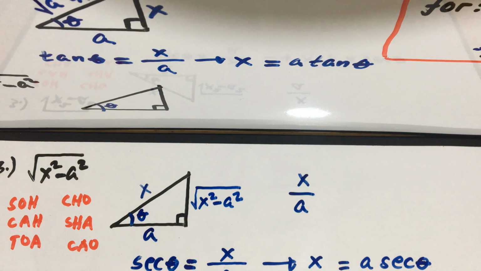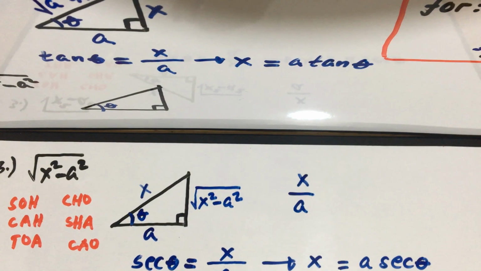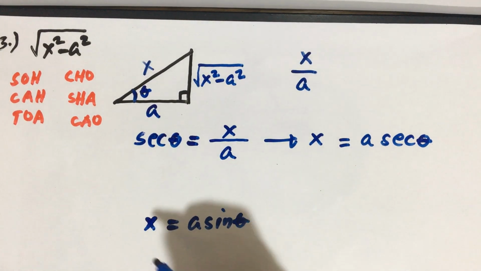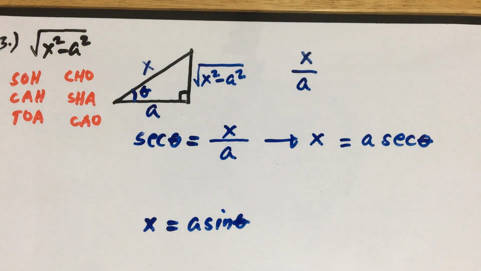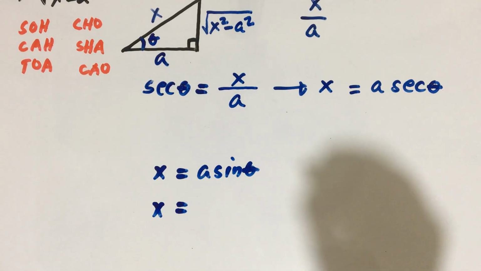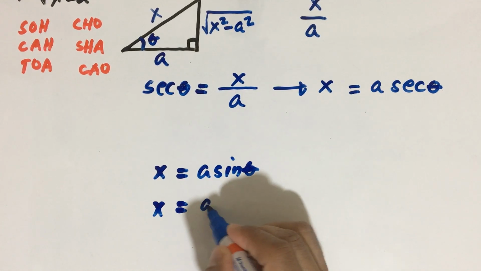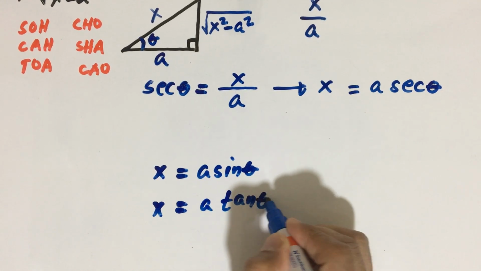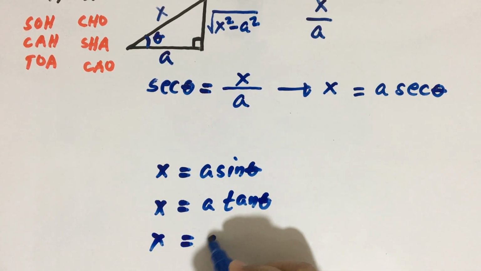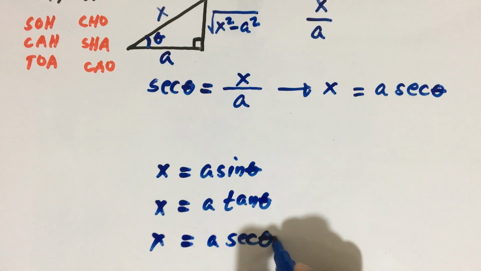Okay? So remember that for the given x, I'll summarize it here. We have our first x equal to a sine theta, and the other x is a tangent theta, and our third x is equal to a times secant theta.